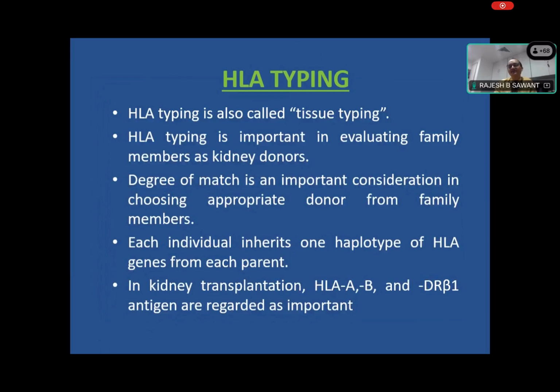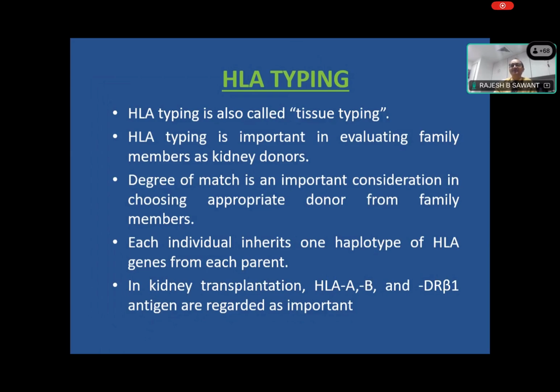Traditionally, this was first implemented in evaluating the family members in the kidney transplant scenario, basically because the basic fact is that the family members will share at least one haplotype with each other. So HLA typing was used to ascertain that people who are donating the kidney to one family member are indeed establishing the same relationship as they are claiming.